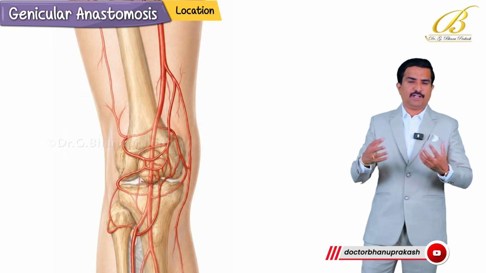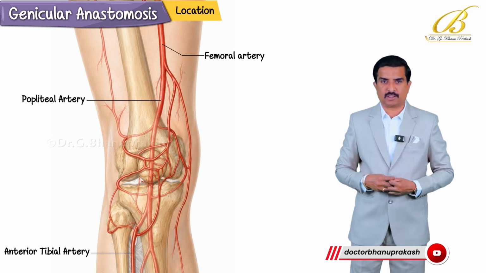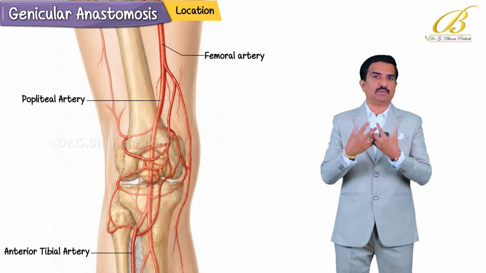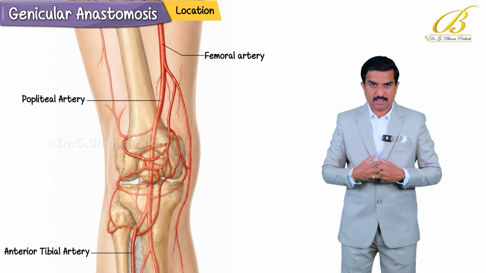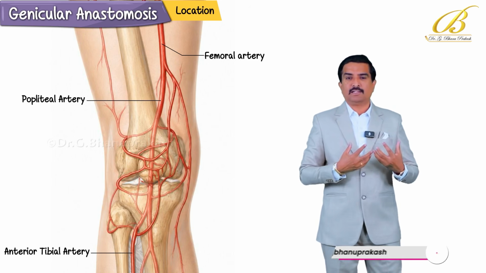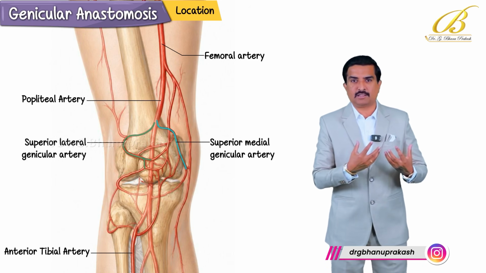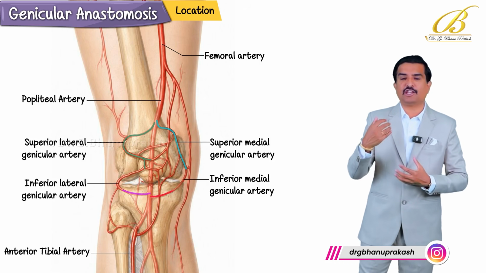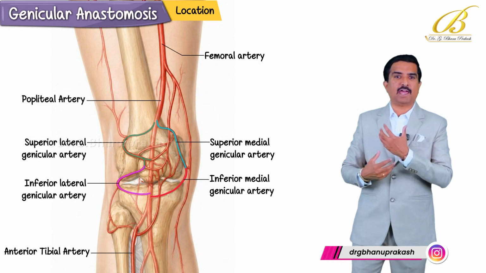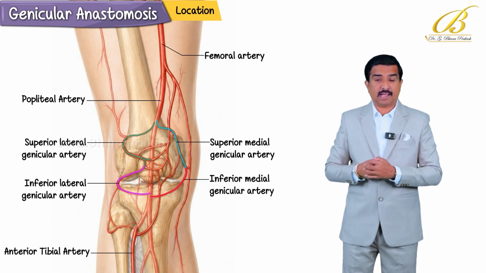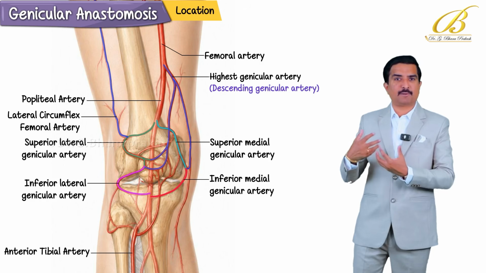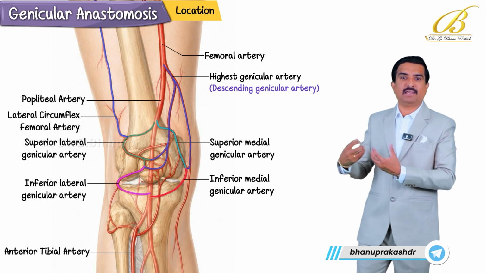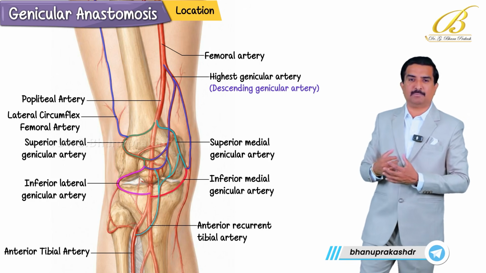For example, when you are visualizing this genicular network, the genicular arteries form an arc around the patella and the knee joint. If you see very carefully, the superior genicular arteries loop around the femoral condyles and the inferior genicular arteries wrap around the tibial condyles, and the descending branches, mainly from the femoral and the lateral circumflex, descend to meet the ascending anterior tibial branches.